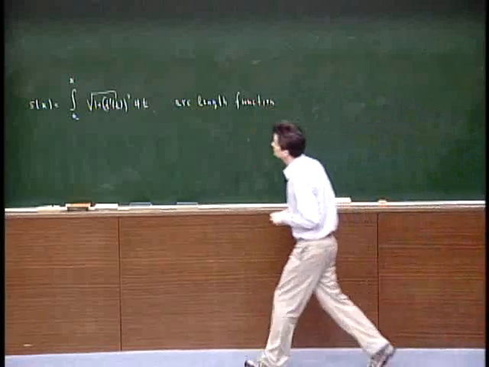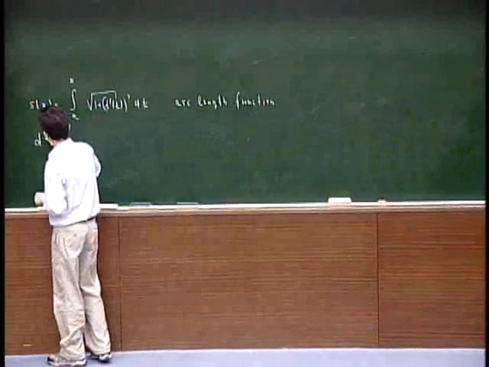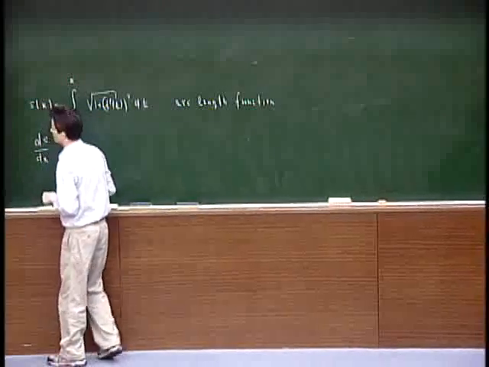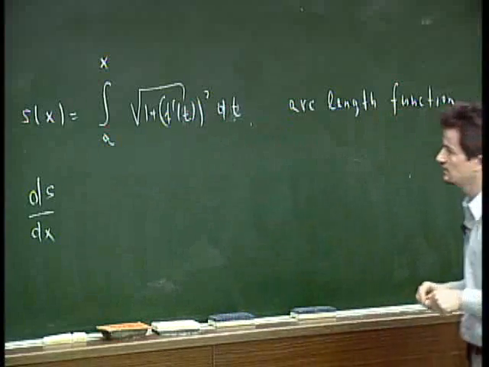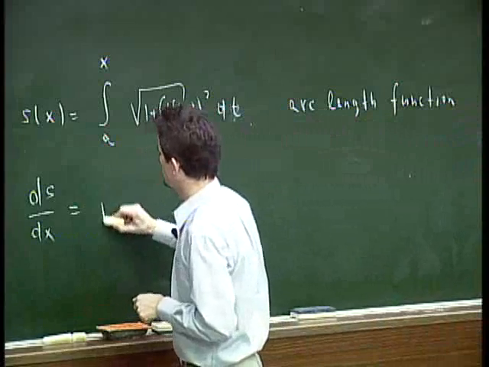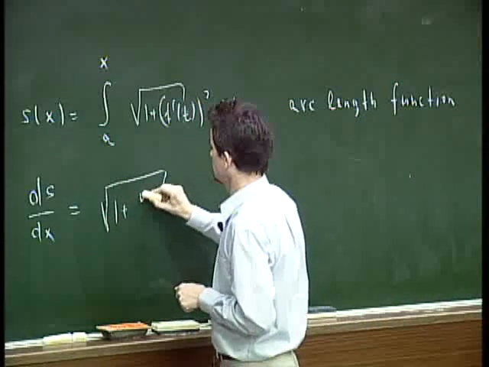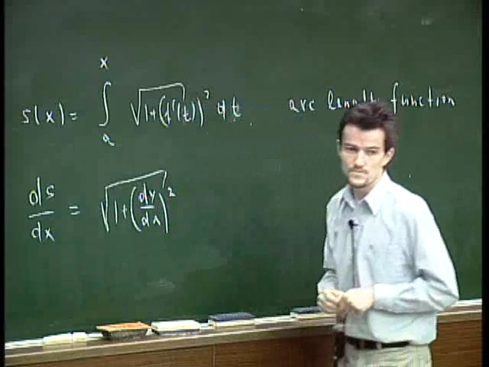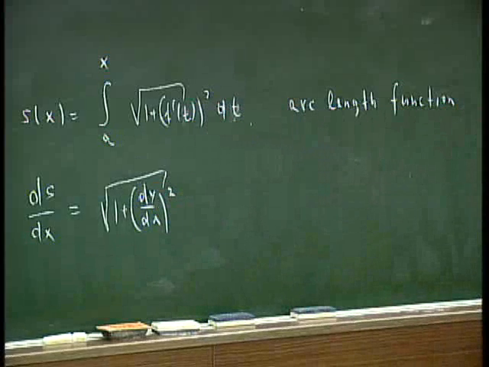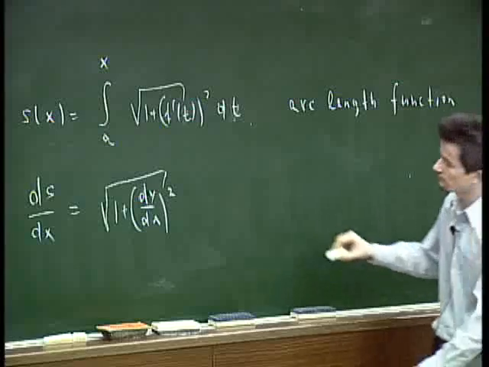Now, from the fundamental theorem of calculus, we know that the derivative of the arc length function with respect to x is just the integrand evaluated at x. This gives you a nice way to memorize the arc length formula.